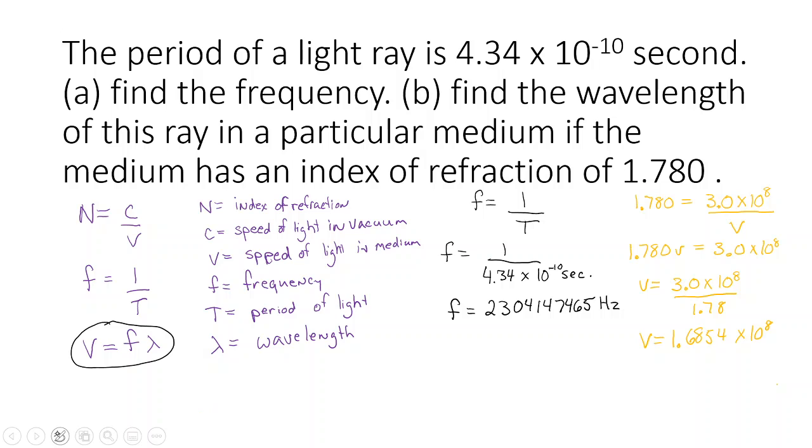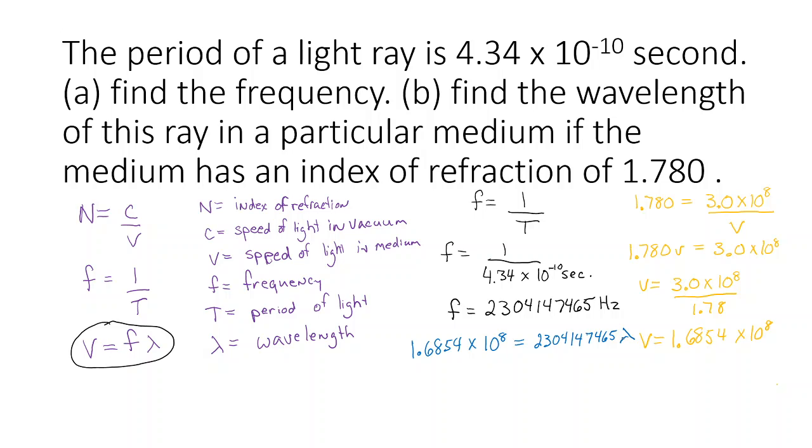So now we can put that value with our frequency into the equation that will allow us to find wavelength. So we're going to get 1.6854 times 10 to the 8th meters per second equals 2,304,147,465 times lambda.